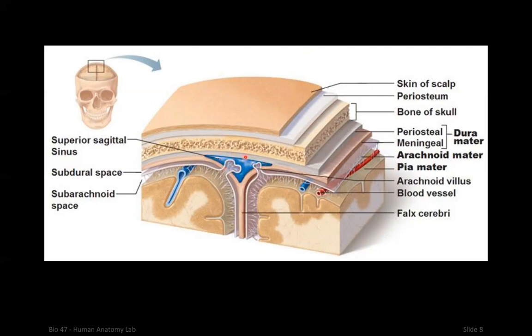That space is called the dural sinus. That's the general term. This one specifically is the superior sagittal sinus, and that's running the length of the cerebrum along the sagittal plane between the two hemispheres. So when dura mater pulls away, it makes a fold called a falx, and the space that's left behind, that empty space, that's called a sinus, a dural sinus.